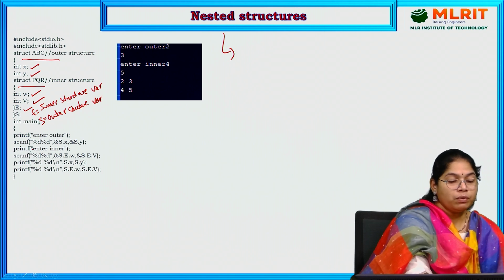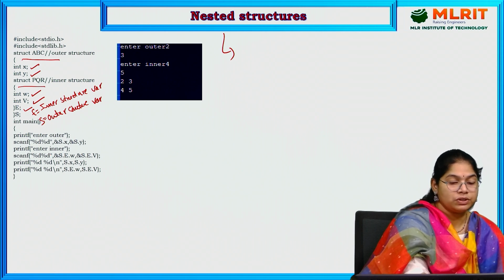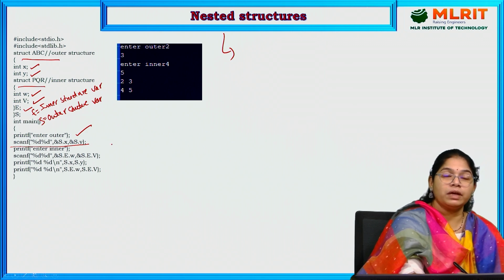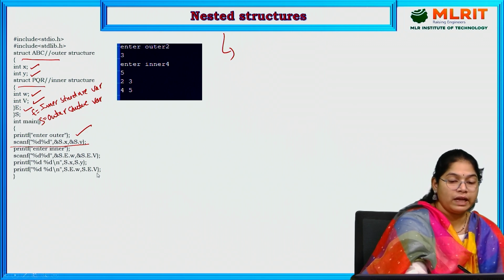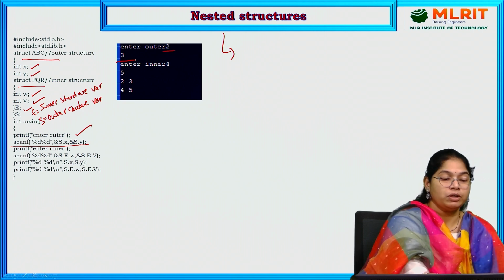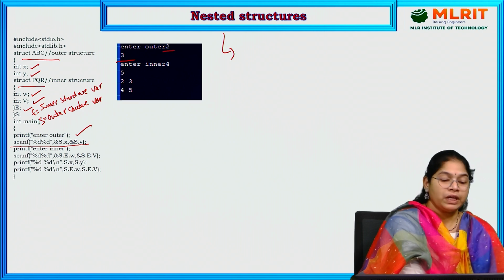So if I want to access members of the outer structure, I am using a scanf function. That means this is runtime initialization, meaning whenever the program executes at runtime, I am providing the values. So here the outer structure values are 2 and 3, because X and Y both are of type integer.